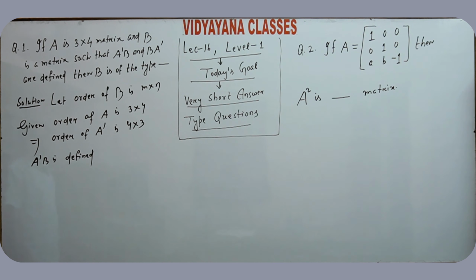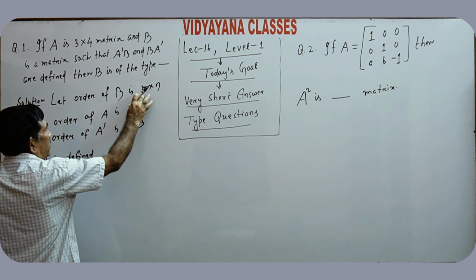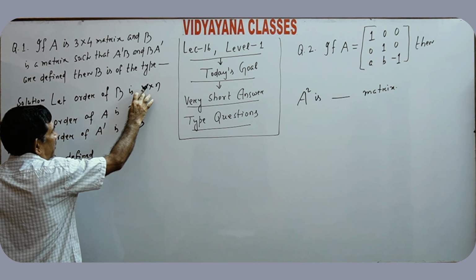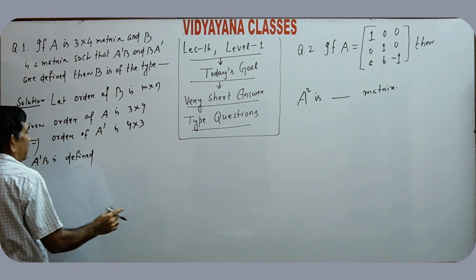Matrix multiplication is defined if the column of first is equal to the row of second. Here it is 4 cross 3 and M cross N.